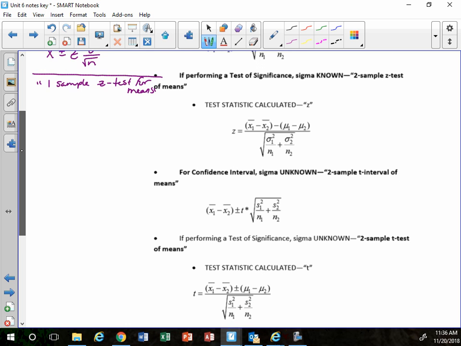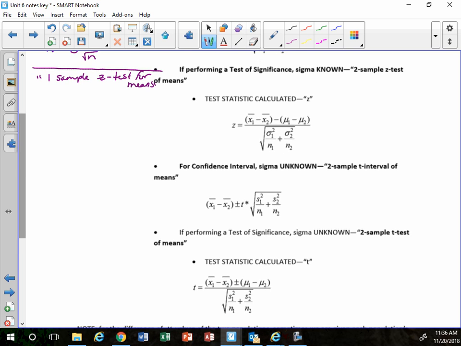And again, we're looking at sigma known since we're dealing with Z. You know your Z formula from before, x bar minus mu over sigma over square root of n. You guys see how it relates? Just subtracting two of them now because you're talking about two different sample means and populations. Okay.